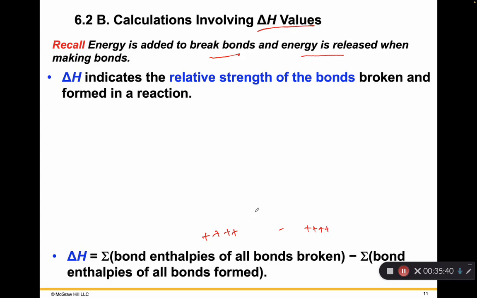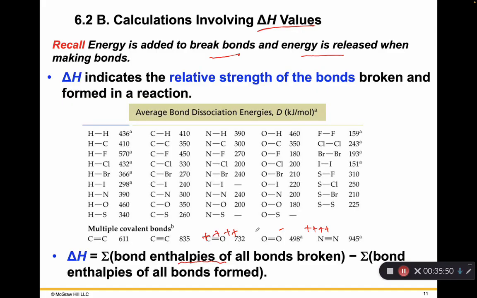Okay, bonds broken minus bonds formed, and these bond enthalpies are actually already calculated, so we have a data table for them. So we generally get those numbers in a table. We don't have to calculate, we just have to plug those numbers into this formula.